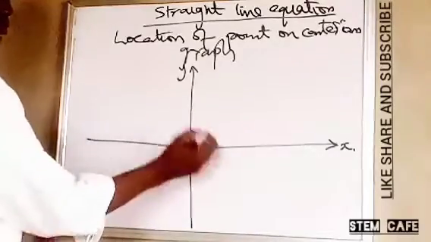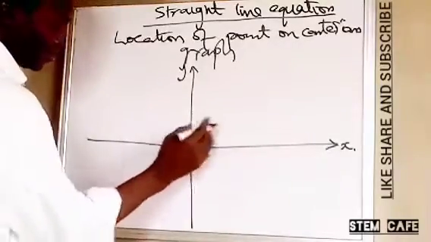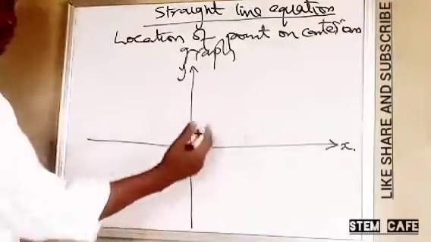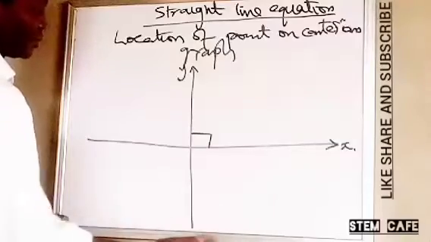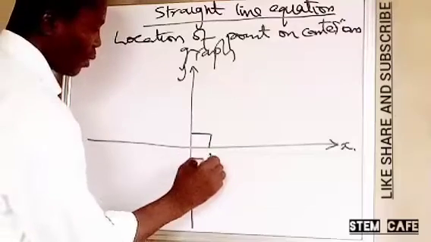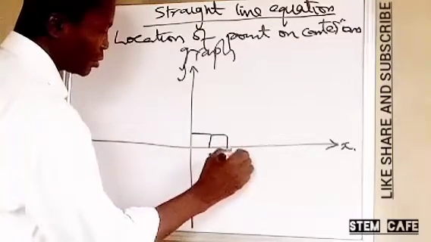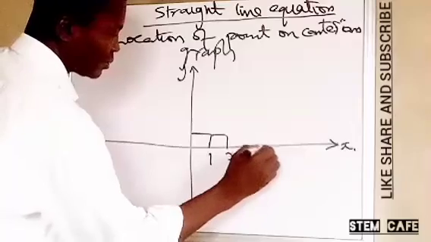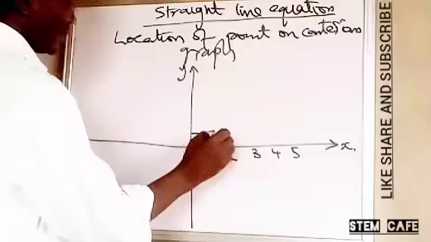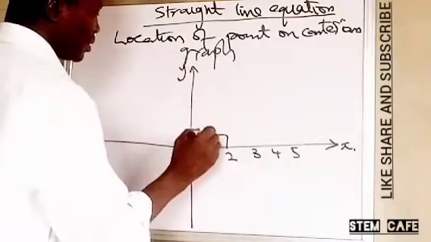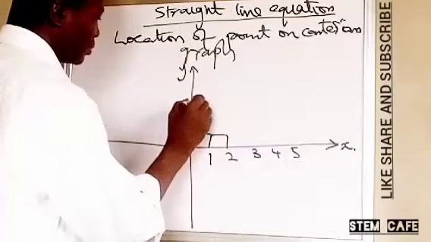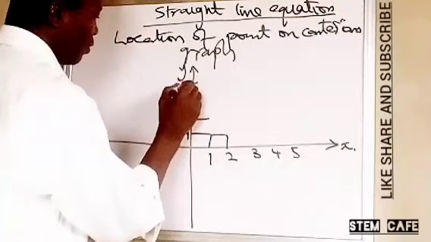We have small square boxes, and depending on the ratio that you want to use, we take 1, 2, 3, 4, 5 going along. In the same way, the boxes go up: 1, 2, 3, 4.